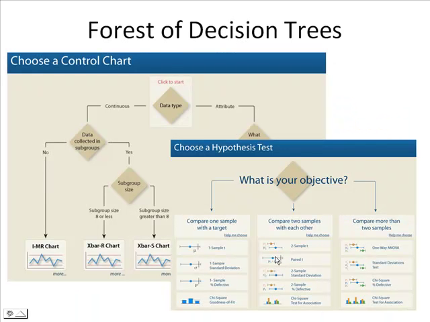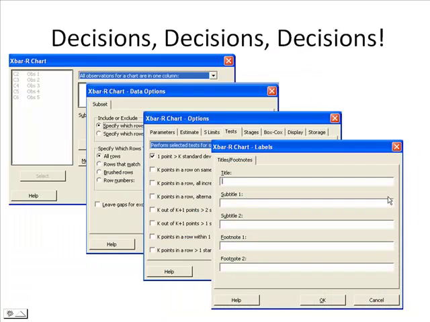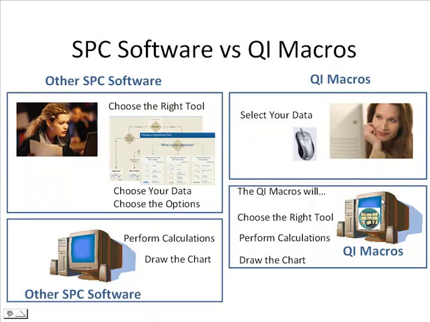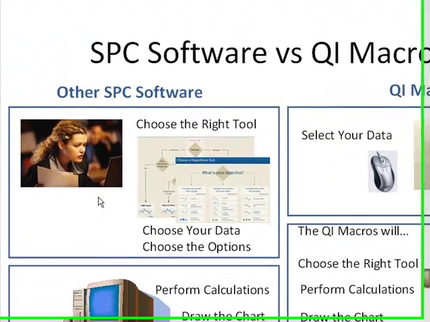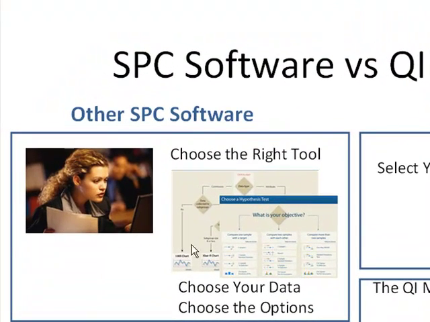Other companies, they have a forest of decision trees. They expect you to make a bunch of decisions before they actually help you do anything. And then you have to fill in all these blanks and decisions and so on. And so what I want you to realize is that other SPC software makes you think a lot, make a lot of decisions about, am I choosing the right tool?